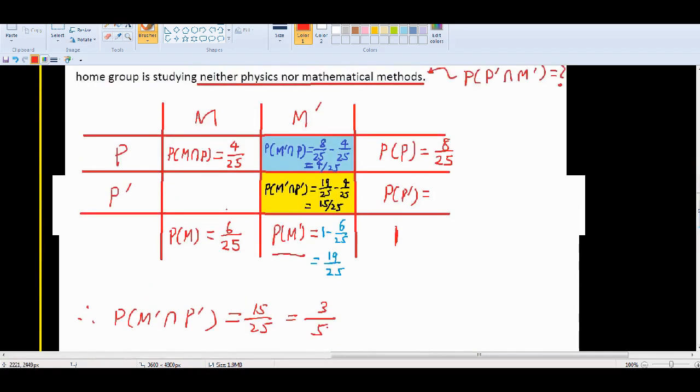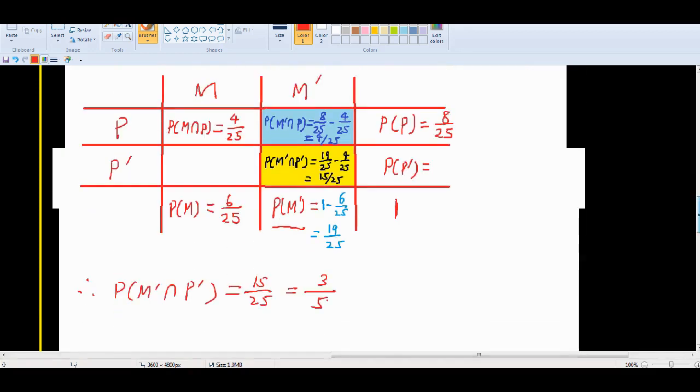Remember, the 4 middle cells are all about the intersection of events, and when they sum up, you can get the total probability of certain events. Then you need to highlight which cell you are going to find, and find out what information you need to enable you to find the answer.